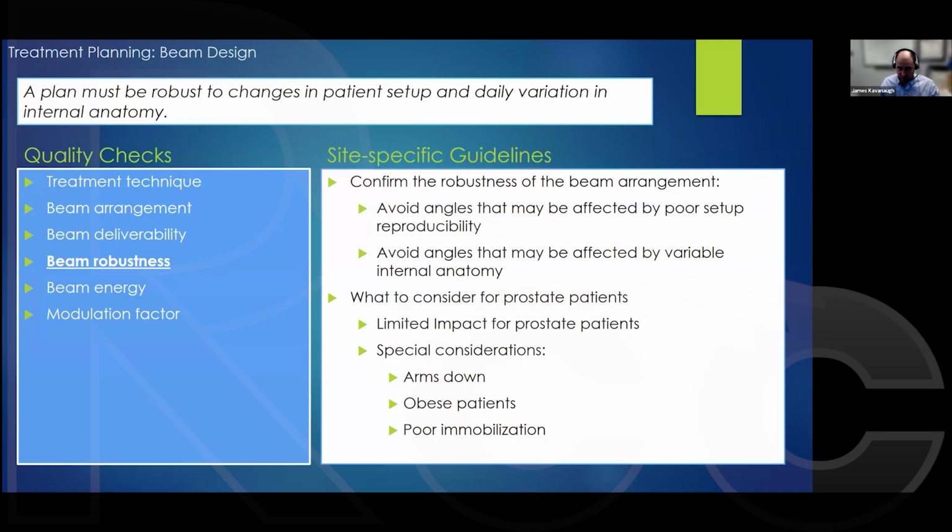So that may be something that we either want to avoid that angle or optimize on. Obese patients also can come into play, especially if they're nearing what would be the weight limit for the couch. Sometimes that also very much limits our ability to have field of view issues or even image quality issues. Can we see on a cone beam what we need to see when we have obese patients? And then poor immobilization.